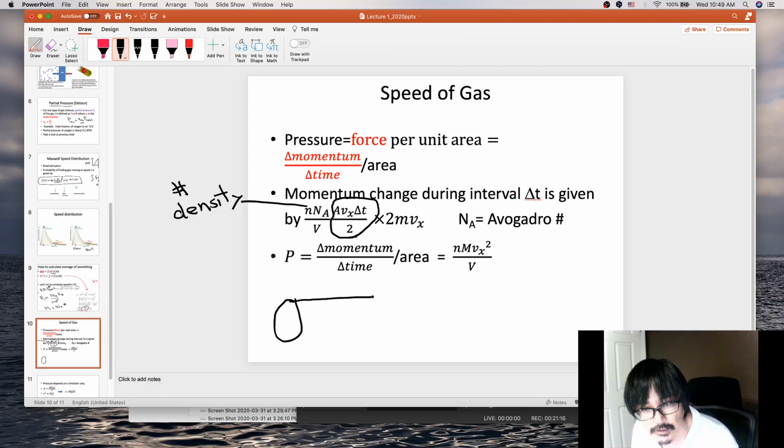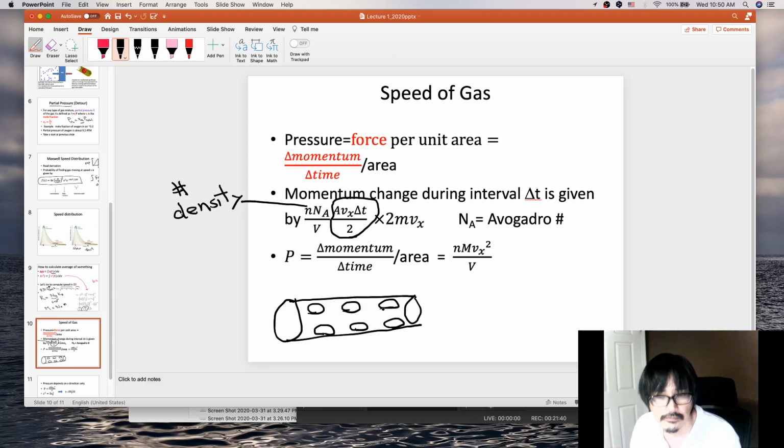So area multiplied by the distance is going to give you a volume, right? And then inside of this volume multiplied by the densities, you can actually get the number of particles inside of this volume.